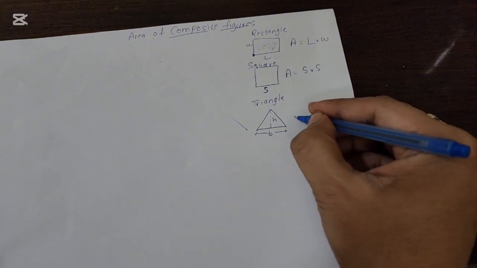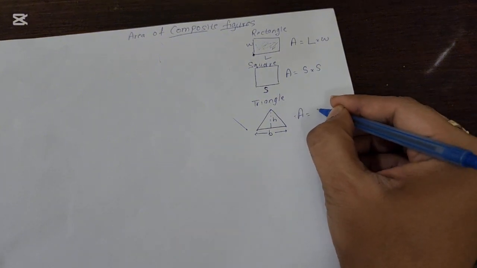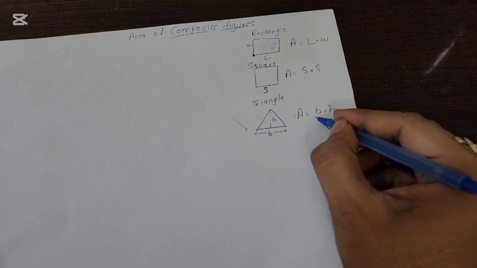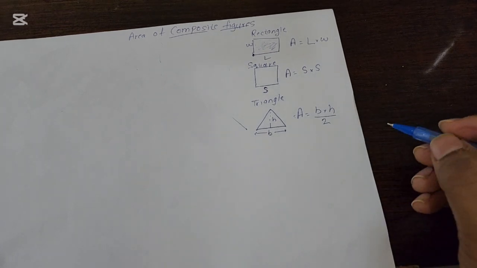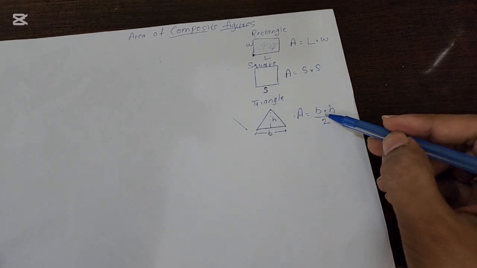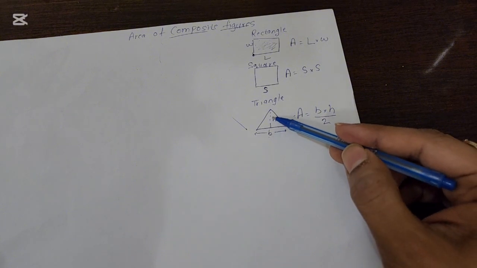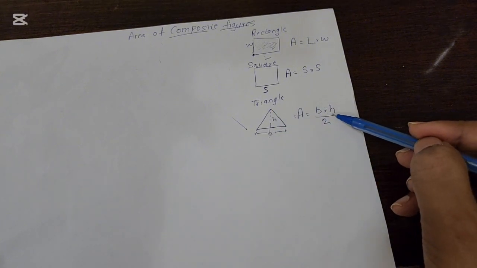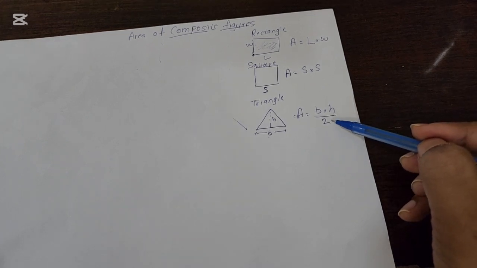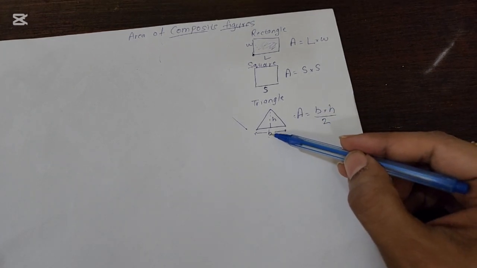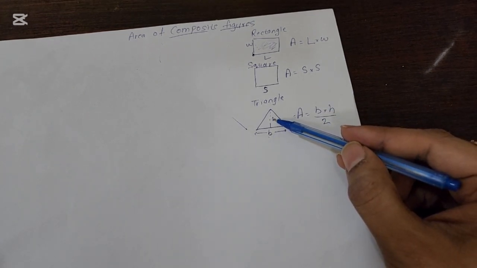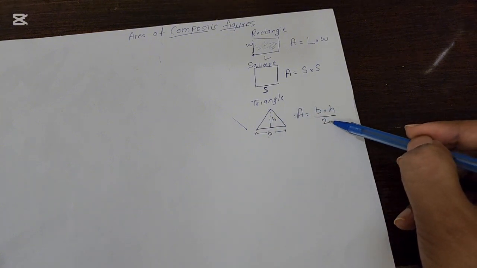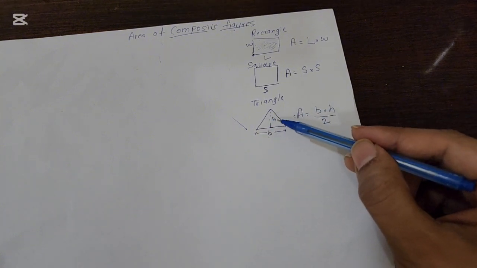Okay, you simply for the area do base multiply height, and remember in triangle we have to divide by 2. Multiply them and then divide it by 2 to get the area. Let's say the base here is 10 and height here is 4. So 10 multiply 4, 40. Then 40 divided by 2, 20. So 20 is the area of this triangle.